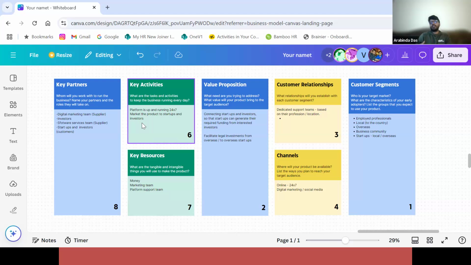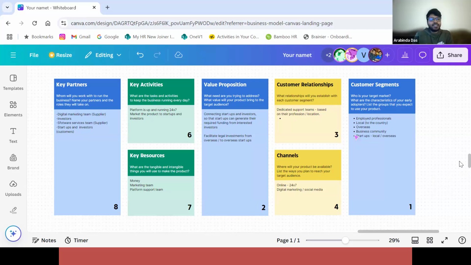What we are trying to deliver might be a statement, but according to me, key activities, resources, relationships, channels, and customer segments should be like a sticky note, within 2 to 3 words, just to make sure people understand what you're trying to say over here. That's my feedback.